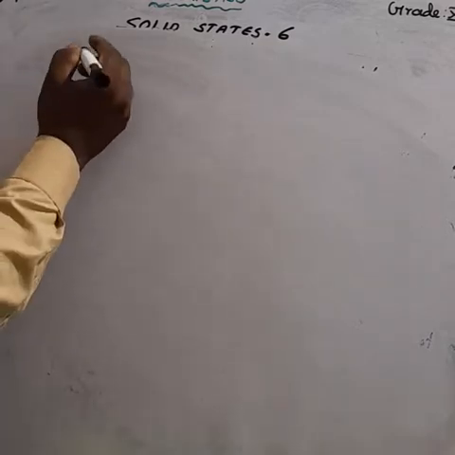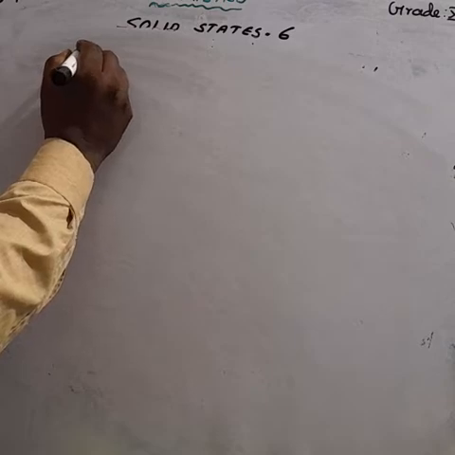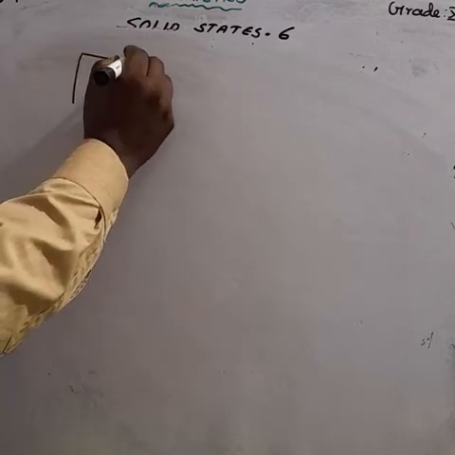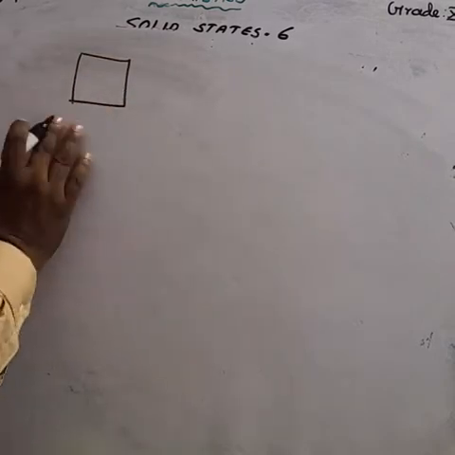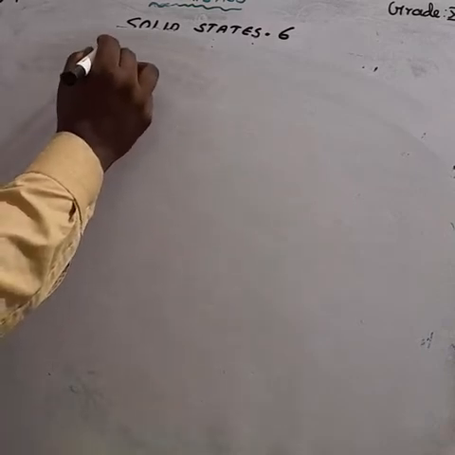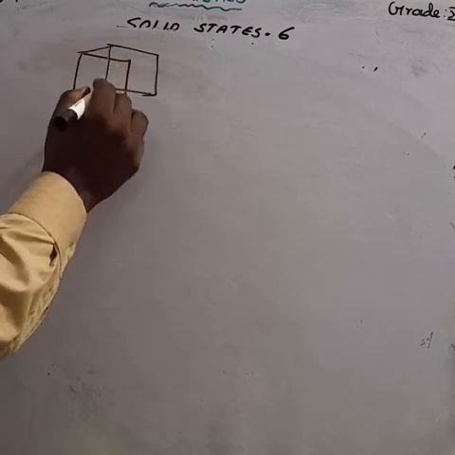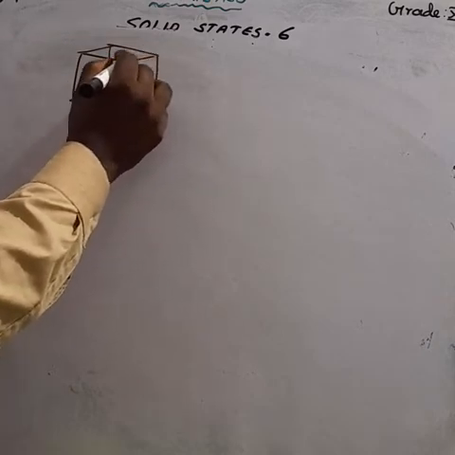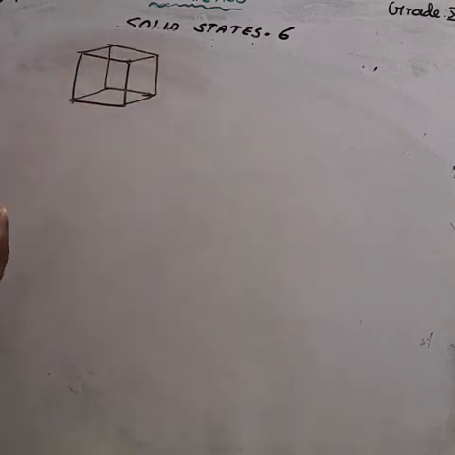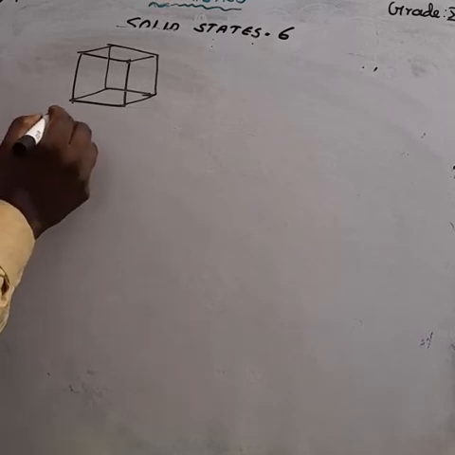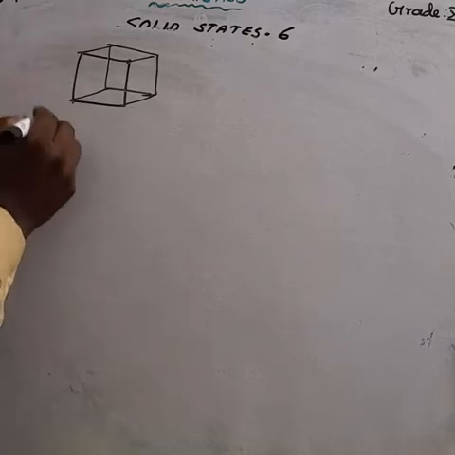First one, cubic. First you have to learn about the cubic. Here the edge has some parameters. One is the length parameter and another is the angle parameter. Length parameters means the edges, that is a, b, c.